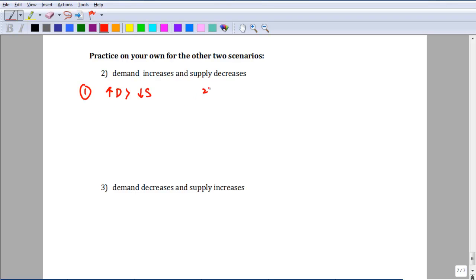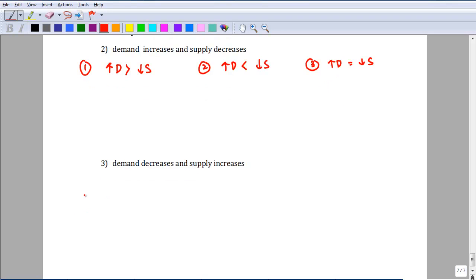Second case, increase in demand less than the fall in supply. And the third one, increase in demand equal to the fall in supply. All this refers to the extent to which both curves will shift. And the same goes for the third scenario.